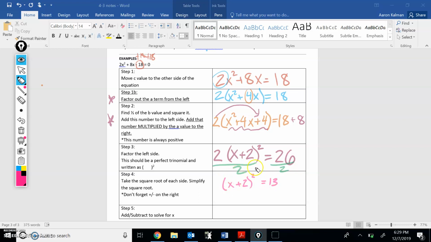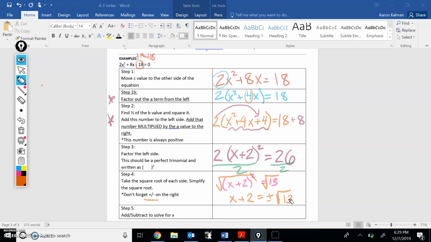Now we can take the square root of both sides. And we're left with x plus 2, because that cancels out the squared, equals plus minus, don't forget the plus minus, square root of 13.